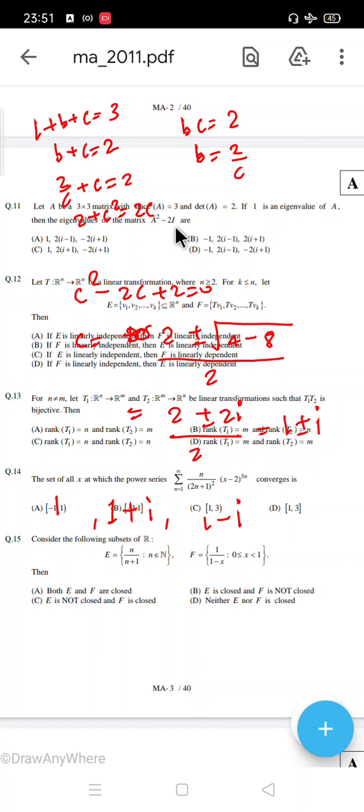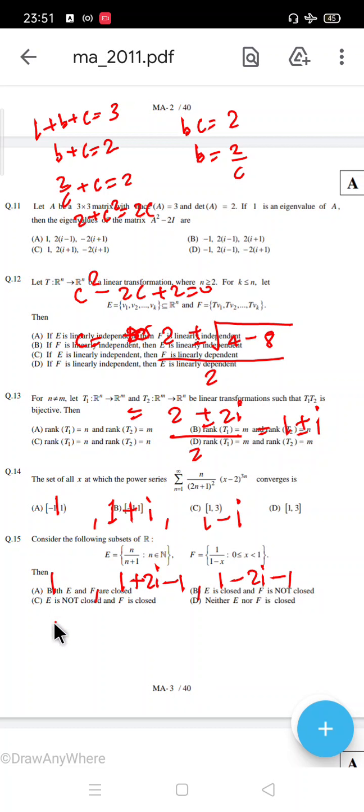I want to find for A square minus 2I. So what will be A square? I have to take the square of these eigenvalues. The square of 1 is 1, the square of 1 plus i will be 1 plus 2i plus i square, which is minus 1, and it will be 1 minus 2i plus i square, again minus 1.